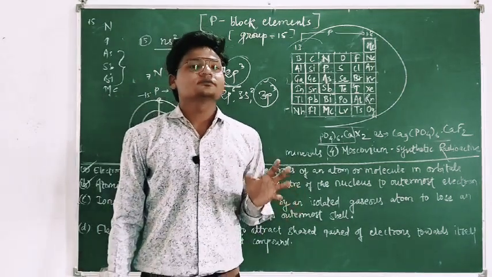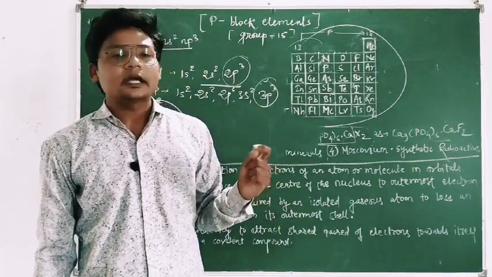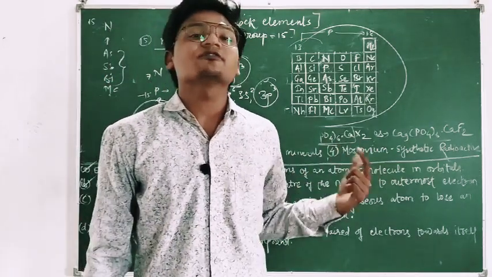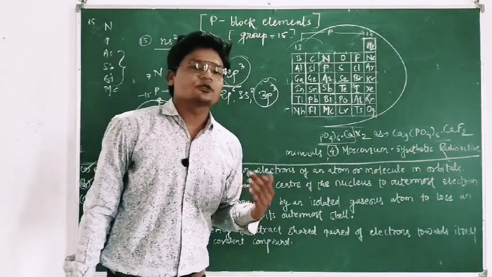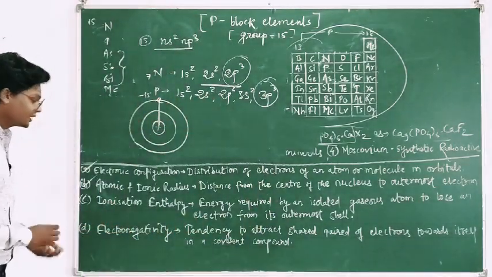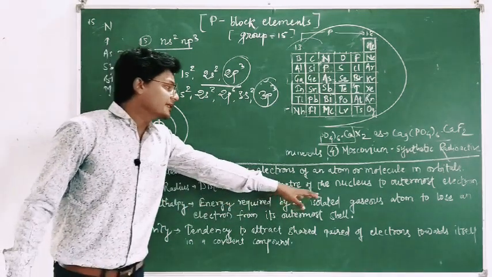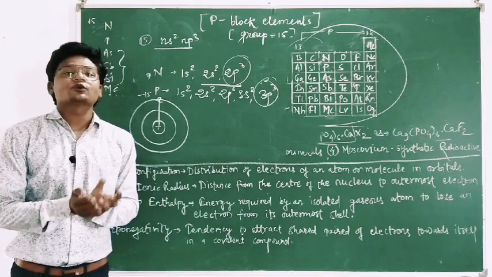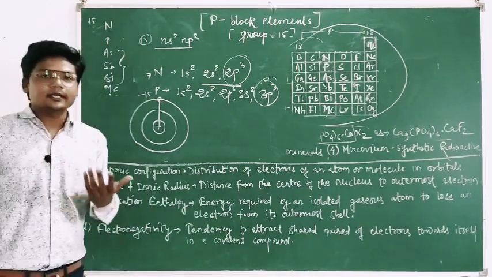To remove the outermost electron from an isolated gaseous atom is known as what? Ionization enthalpy, or energy required to eliminate the outermost electron, okay, is known as what? Ionization enthalpy. So here it is, energy required by an isolated gaseous atom to lose an electron from its outermost shell is known as what? Ionization enthalpy. As easy as that.